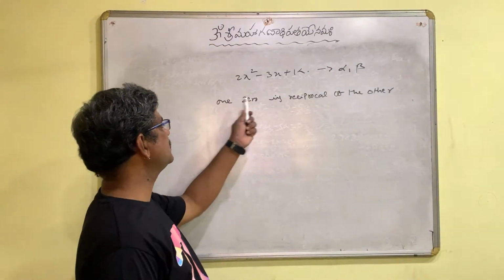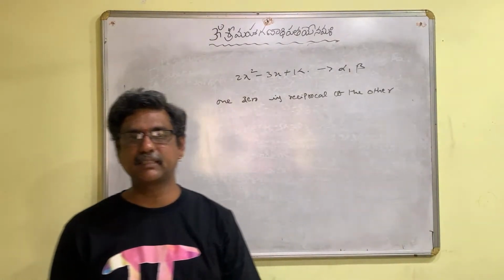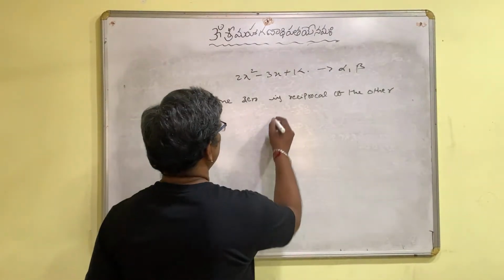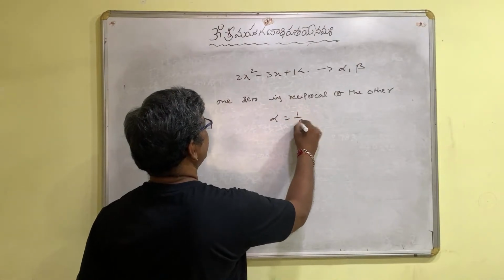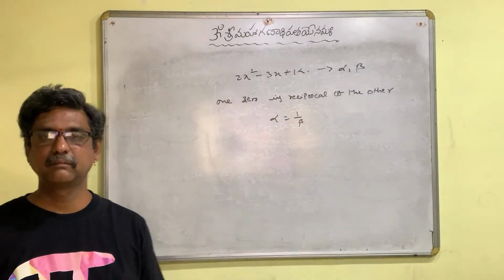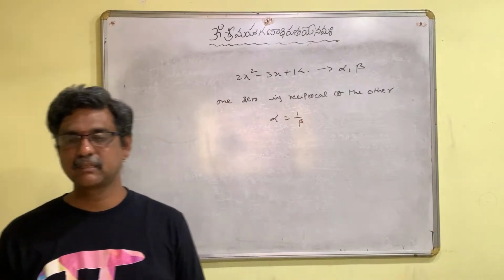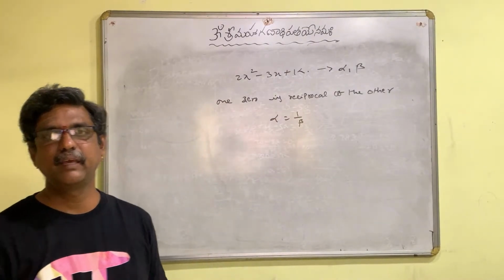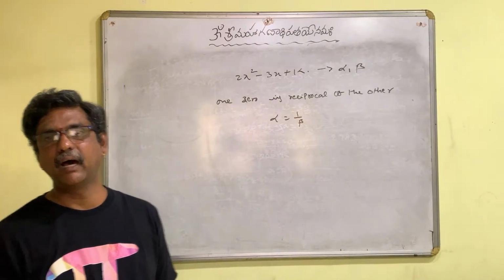It is given that one zero is the reciprocal of the other. What is the meaning of it? Alpha is 1 by beta. We can take it like that.